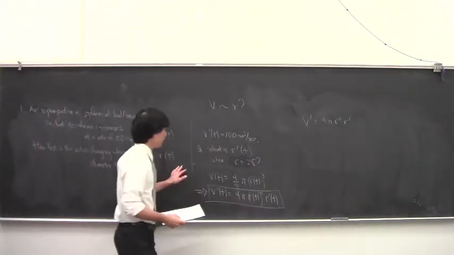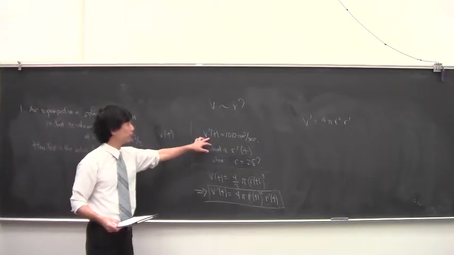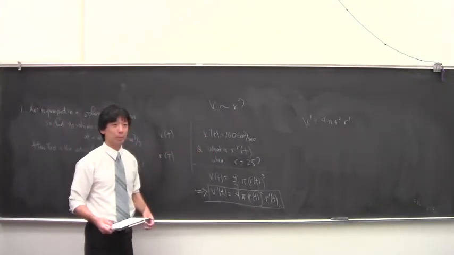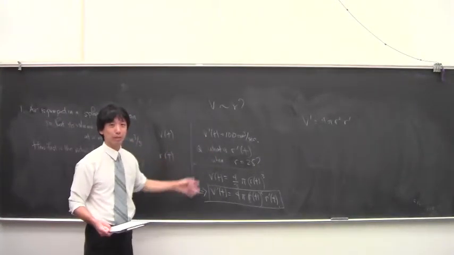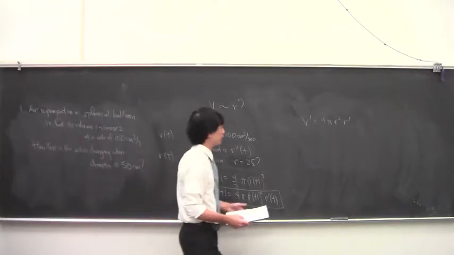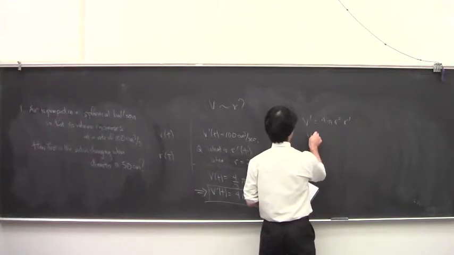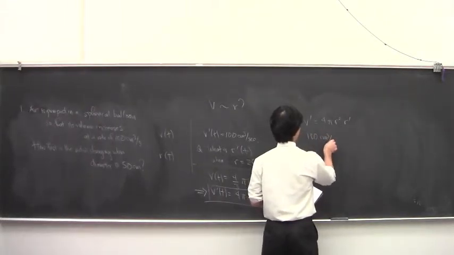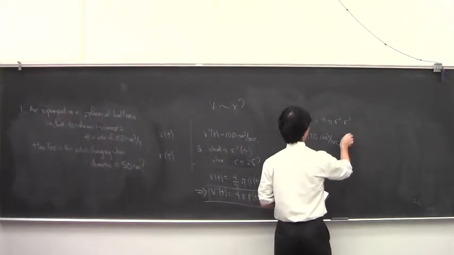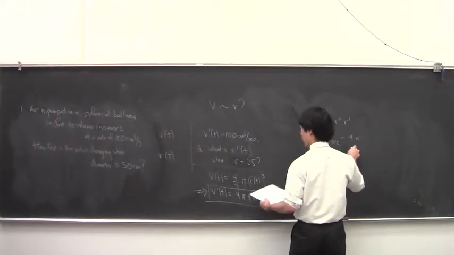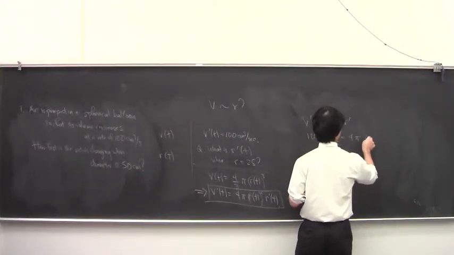Then you need to solve for r prime, and that's just a matter of plugging in information. So you have 100 is equal to 4 pi r squared r prime, where r was 25 centimeters.